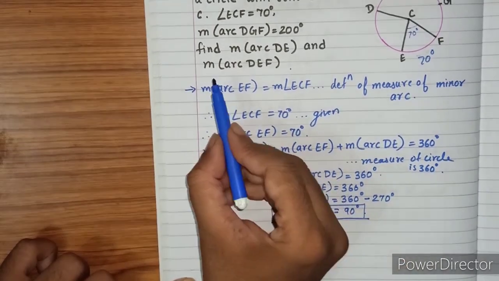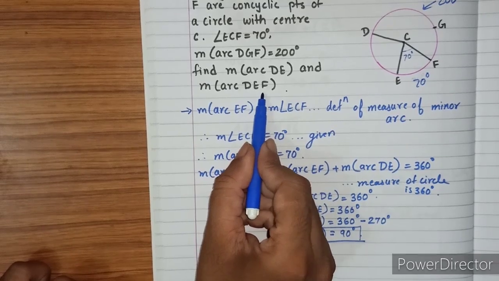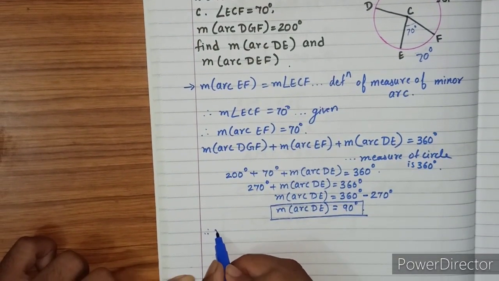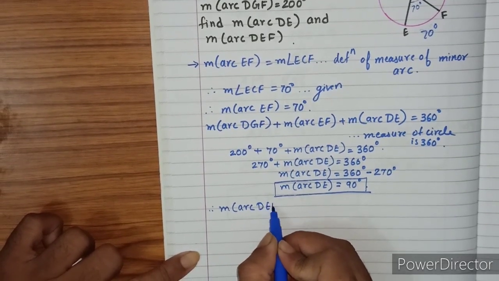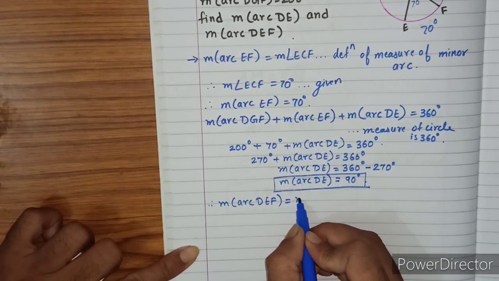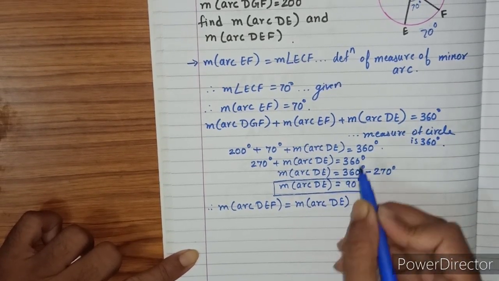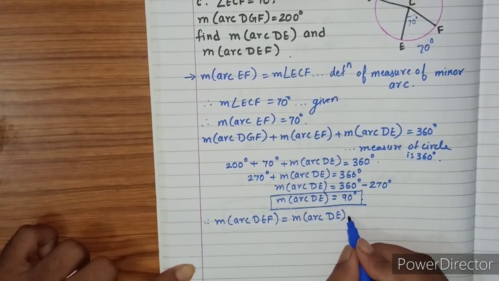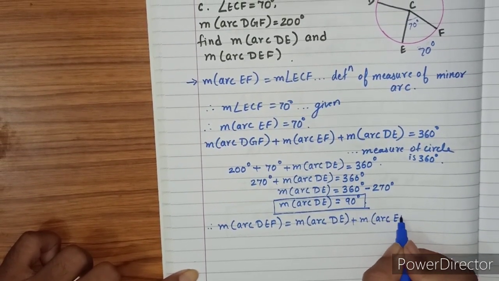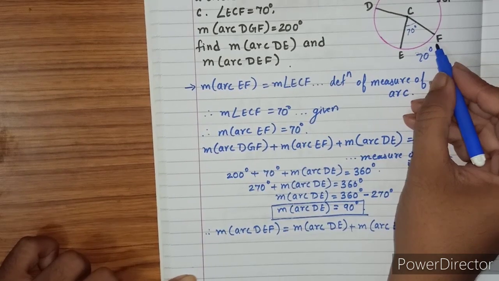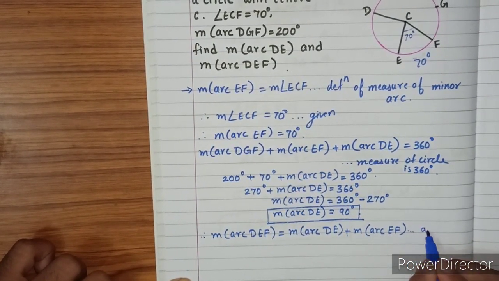What is your second question? They have asked you to find measure of arc DEF. Therefore, measure of arc DEF will be equal to measure of arc DE plus measure of arc EF, right? Reason will be arc addition.